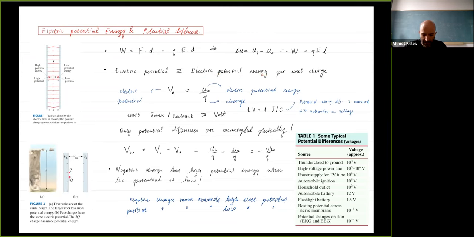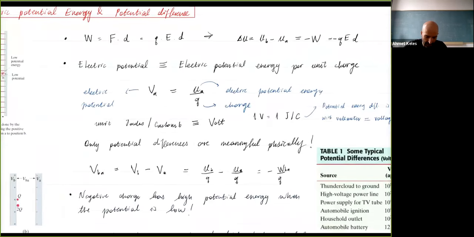Electric field was the electric force acting on a unit charge, and electric potential is the electric potential energy per unit charge. So we can write it like this. We generally use V for electric potential, and its definition is something like this. Here V is electric potential, U of A is electric potential energy, and Q is charge.